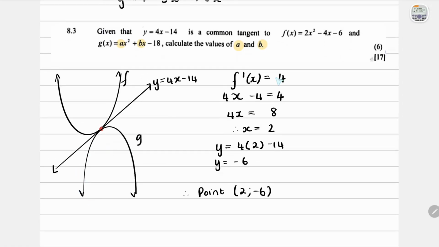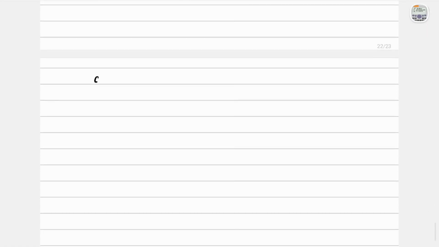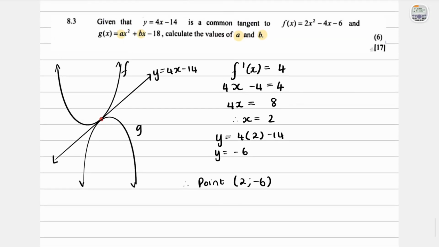Now focusing on this graph, we're going to do a similar thing to what we did to f, because this graph also has this line as a tangent at this point. So what this means is that the gradient of g at this point, which we now know the x value of, is 4.